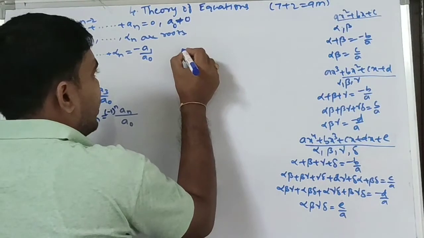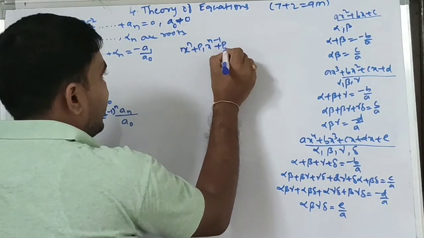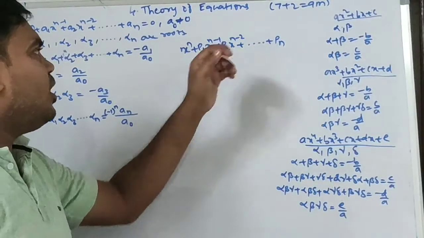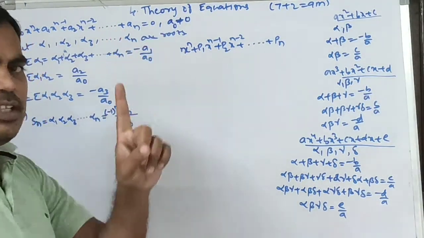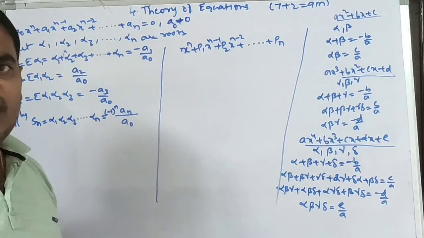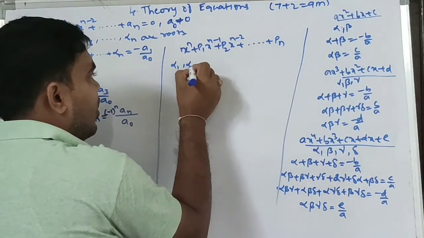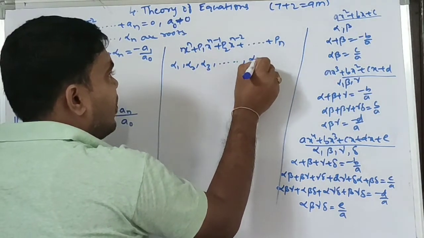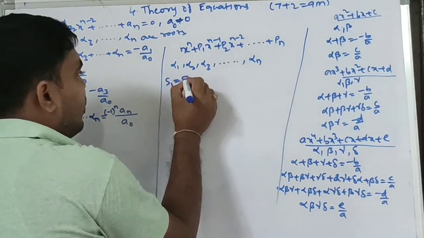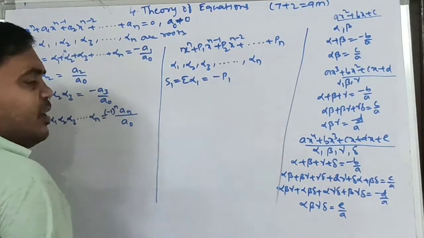So I am taking the monic polynomial x^n + p1 x^(n-1) + p2 x^(n-2) + and so on up to pn, because the coefficient of x^n is 1. With roots alpha 1, alpha 2, alpha 3 up to alpha n: S1 equals sigma alpha 1, which is minus p1 by 1, simply minus p1.